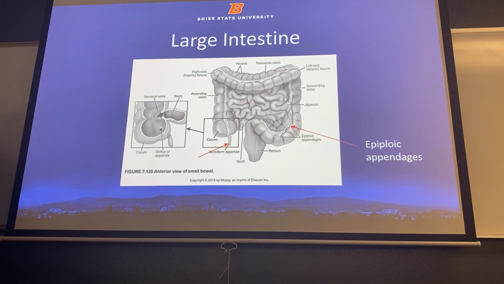Quick story, I had worked with some anatomists back in Arizona, and we were looking at cadaver sections, and there were these little fatty collections. And I asked them what they were. I thought they were diverticula, and it turned out to be these epiploic appendages.